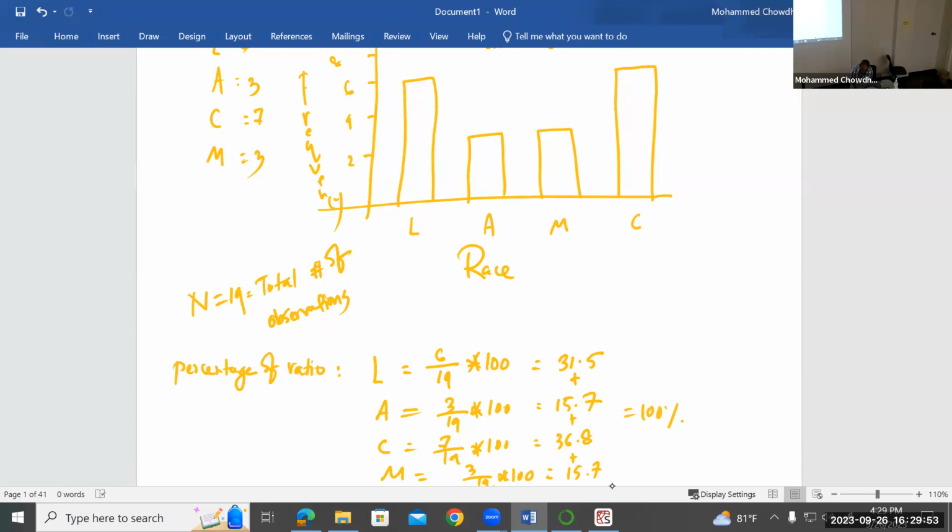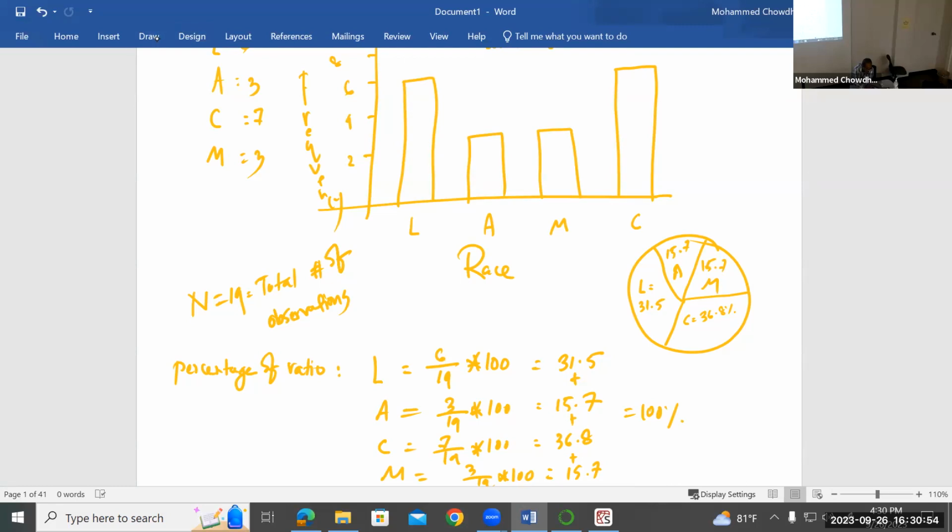So now I want to draw a circle. This is 100, so you can say this will be 36%, which is equal to Caucasian, 36.8%. And then there is 31%, which is equal to Latino, 31.5% Latino. And then the remaining two are 15.7, equal to African American, and 15.7 equal to Mongoloid.